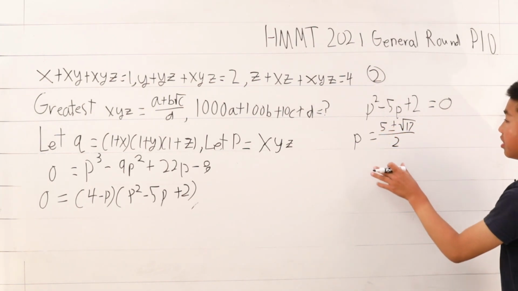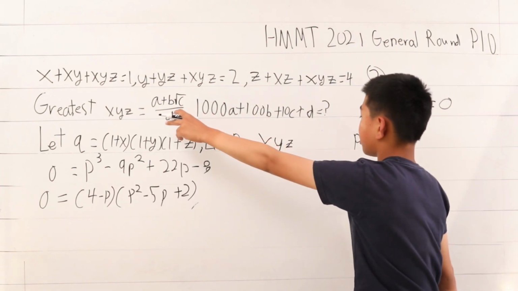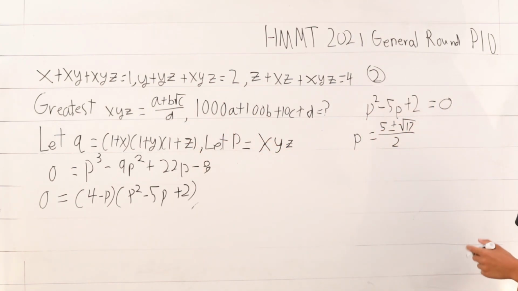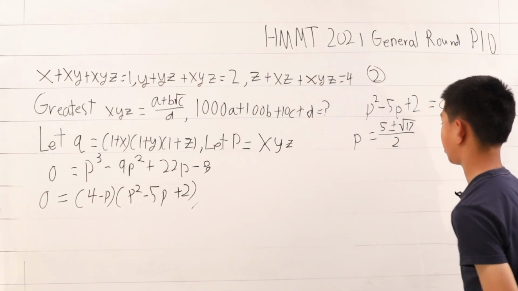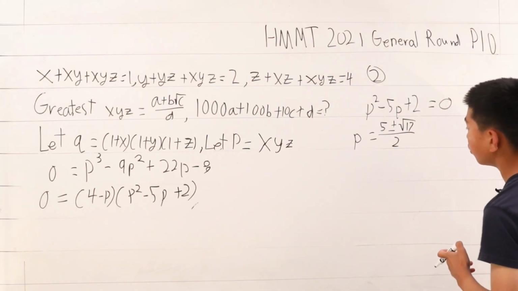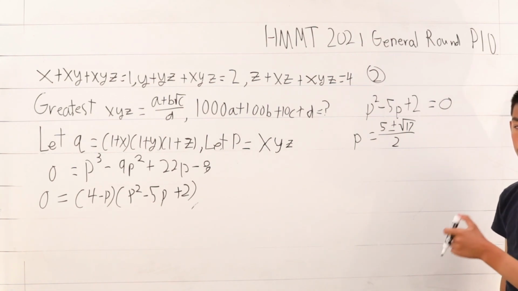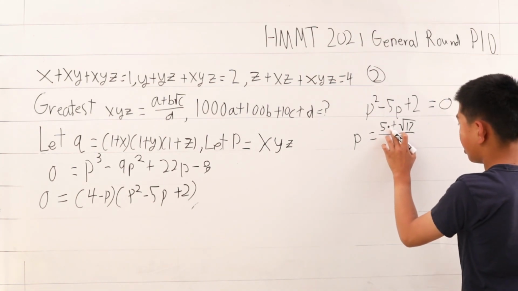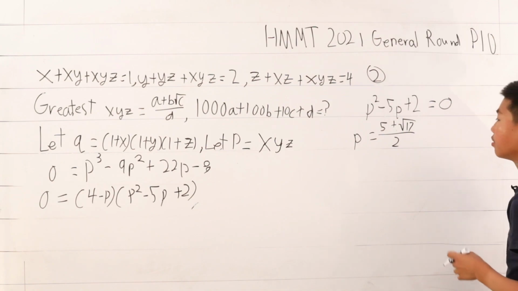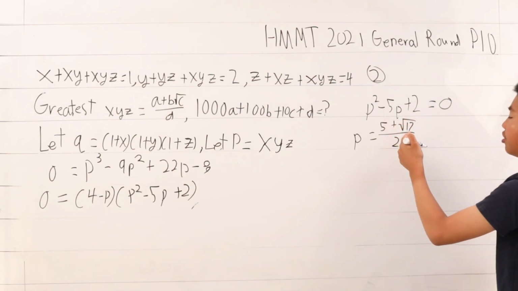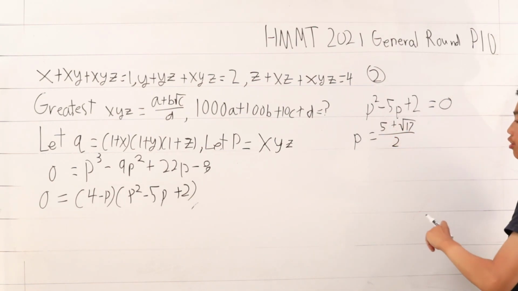Well, this obviously works for all the constraints, and the plus is probably larger than the other one. So what we want here is the larger value. So that's when it's 5 plus. Now, this is 1 times the square root of 17.